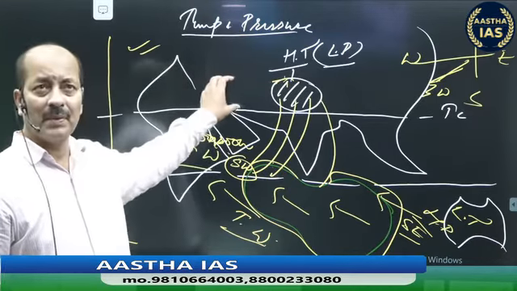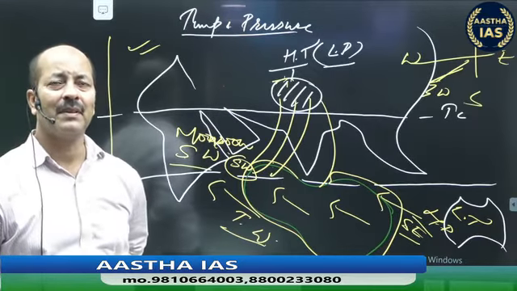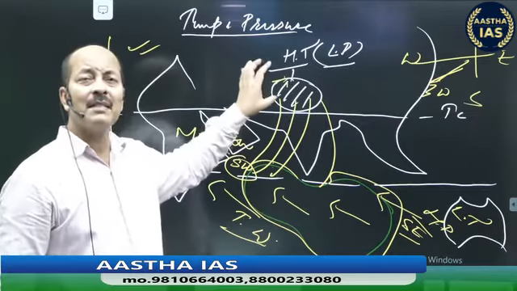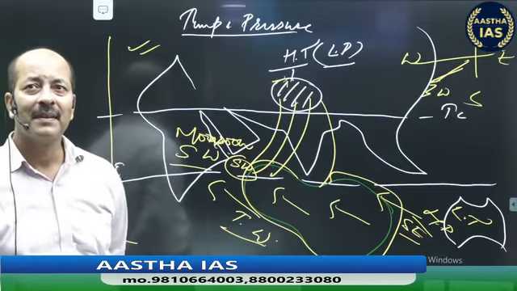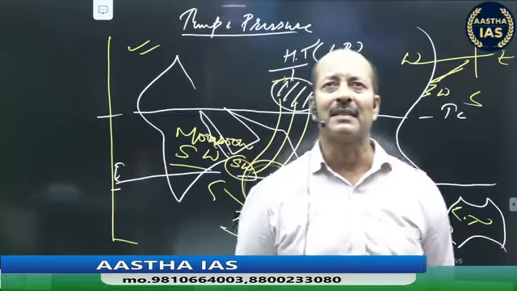On 21st of June, the sun rays remain vertical on the Tropic of Cancer.